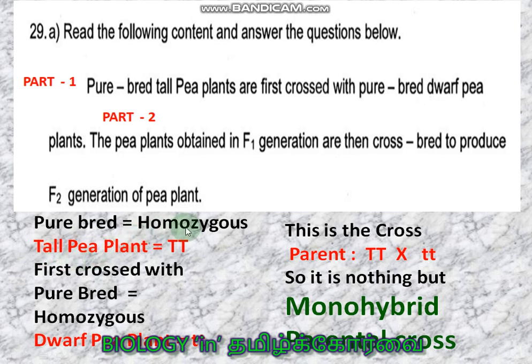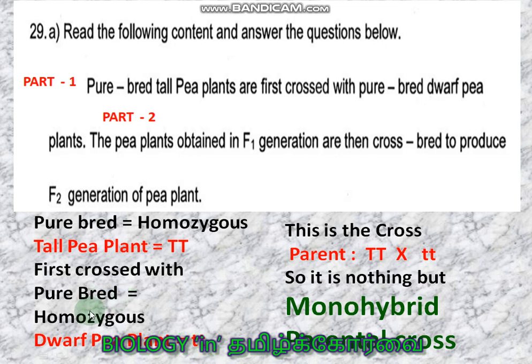Definitely you should understand this plant is homozygous. So homozygous means capital T, capital T. So from the first step, you are creating the genotype for the first part of the question, capital T, capital T. Then it is crossed with a pure breed homozygous dwarf pea plant. For dwarf pea plant, homozygous means small t, small t.